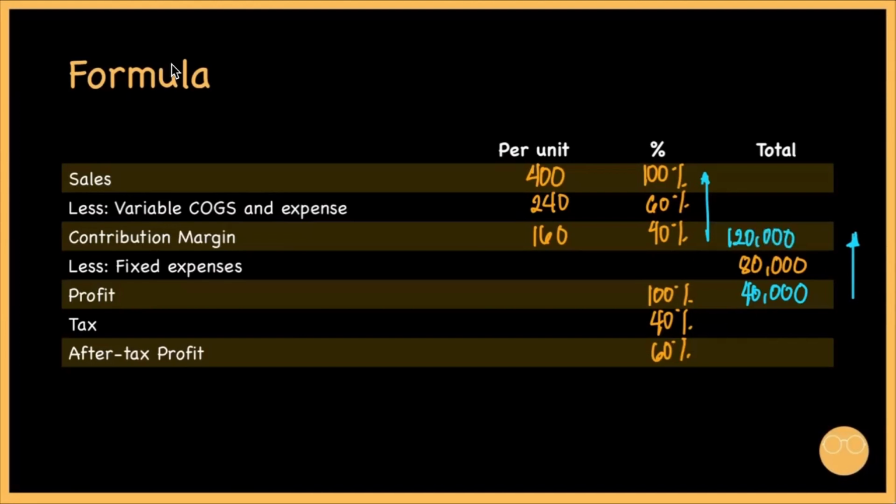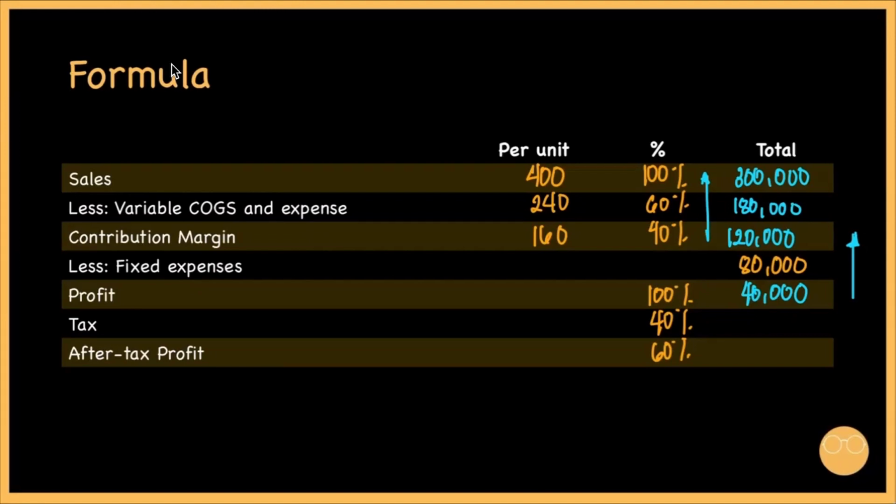Now, since the 120,000 pesos is only 40% of the sales, 120,000 pesos divided by 40%, our total sales is 300,000. Now that we can compute for the total sales, we can now derive the total variable cost, and that is 180,000 pesos.